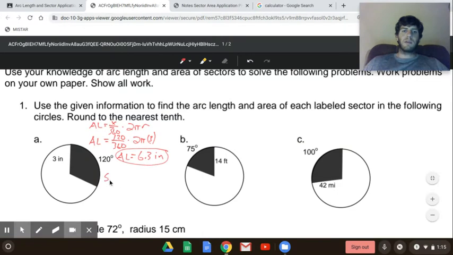And then sector area was x over 360 times pi r squared. So we had 120 over 360 times pi times 3 squared. We put that in the calculator.